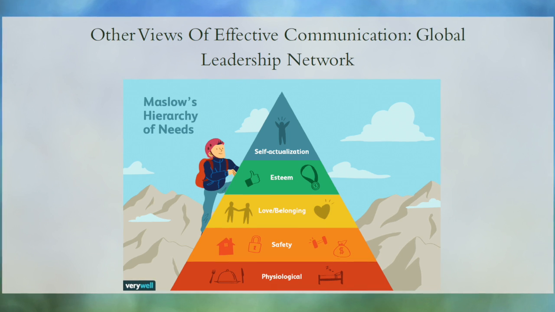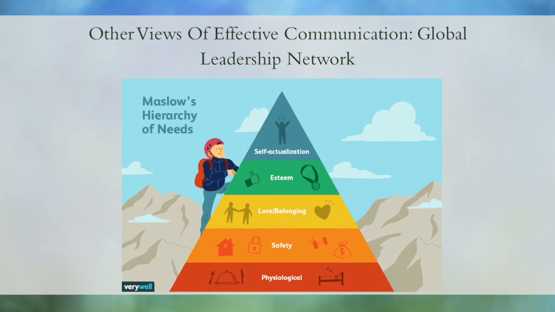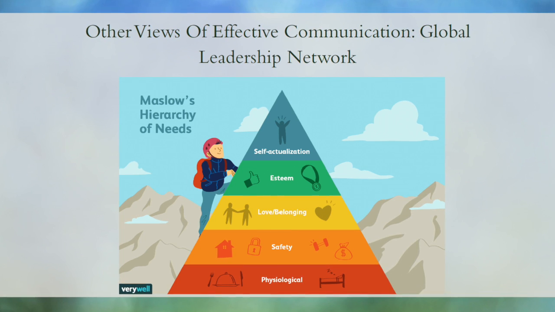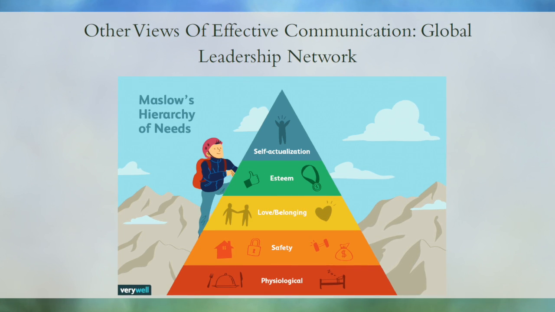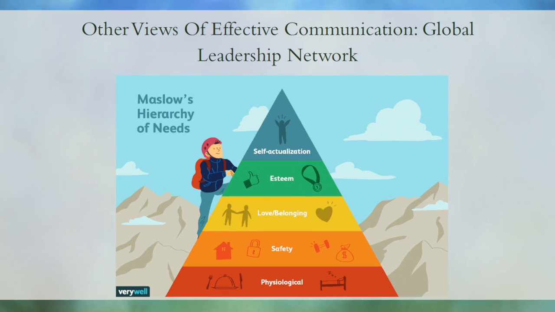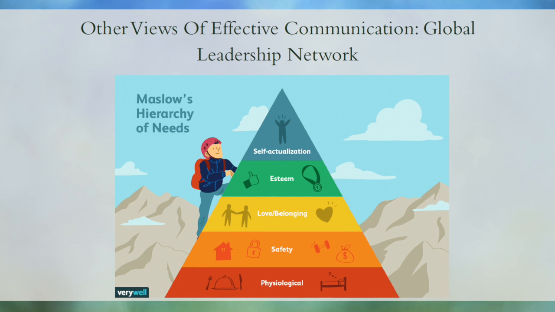So I love the hierarchy of needs, as I think about how it translates to my teaching my students. And when I saw the Global Leadership Network coming up in a second with their methods, I thought it was extremely effective and extremely powerful, connecting to that and what it looks like.